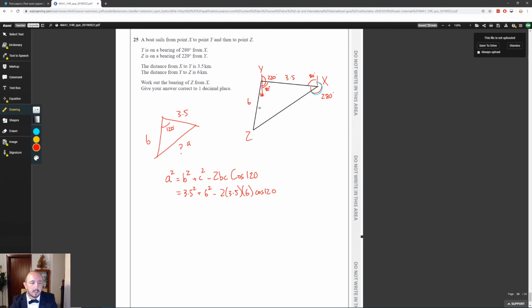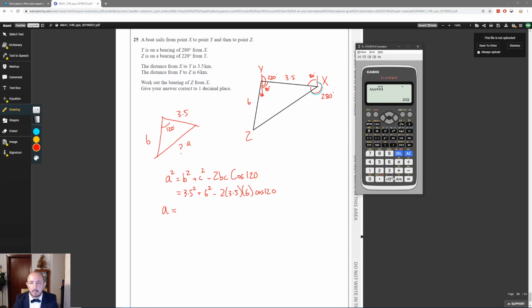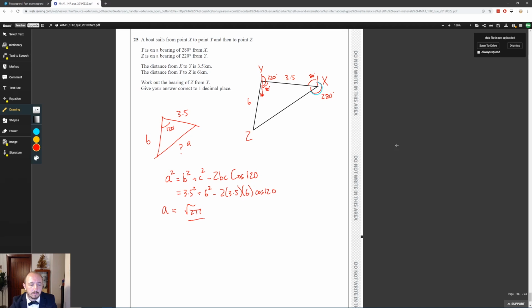And so we can try to work out the value of A. So 3.5 squared plus 6 squared minus 7 times 6 times cos 120. That's 277 over 4, and then we square root that to get root 277 over 2. So that's the side A, root 277 over 2.